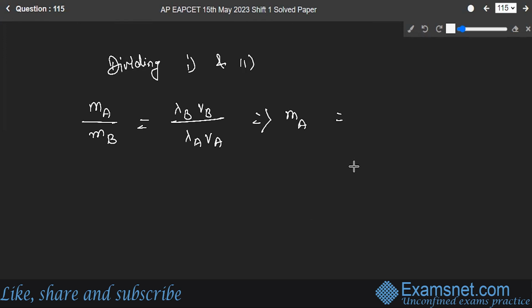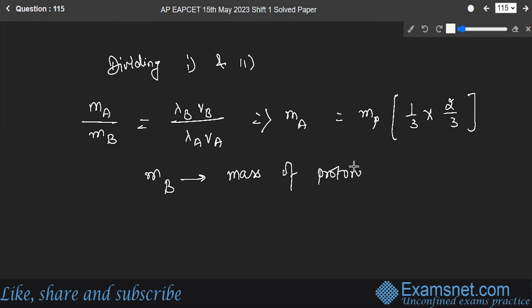This gives you MA is equal to MP 1 by 3 into this. So you have that MB is your proton mass, here I've taken MB as the mass of proton. So VA upon VB is equal to 3.